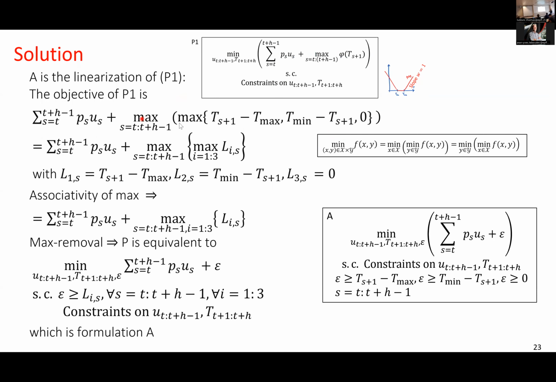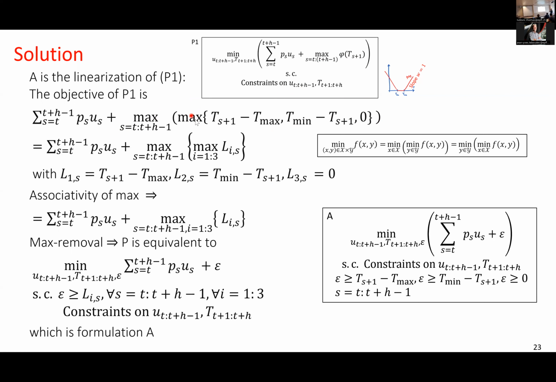Here, in full form, is the thing we have to maximize. The objective function is the max of the penalty, and the penalties themselves are max of certain terms here. Now we can use our knowledge that max of max is a big max.